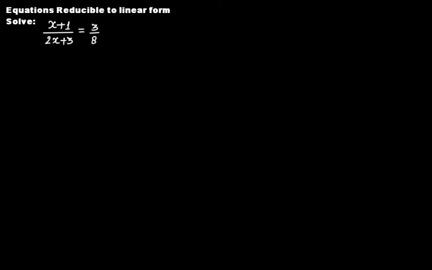Now, how to solve this? It's very simple. Think that x plus 1 is p and 2x plus 3 is q. Treat it like a rational number of the form p by q, and p by q is equal to 3 by 8. Then do the cross multiplication.